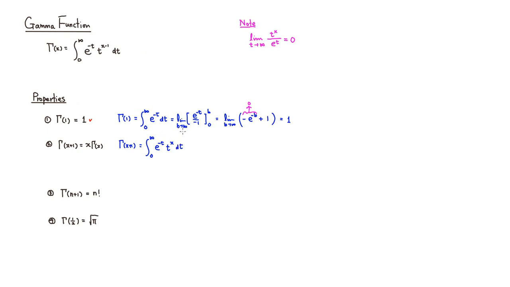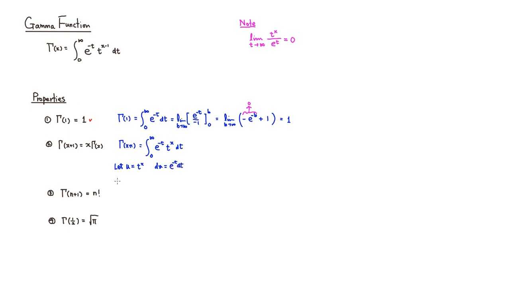I'm going to use integration by parts. Let u be t to the x, and dv be e to the negative t dt.